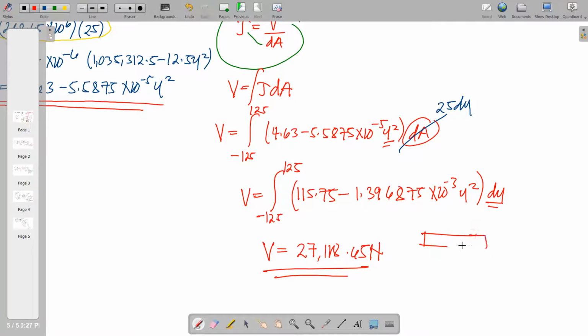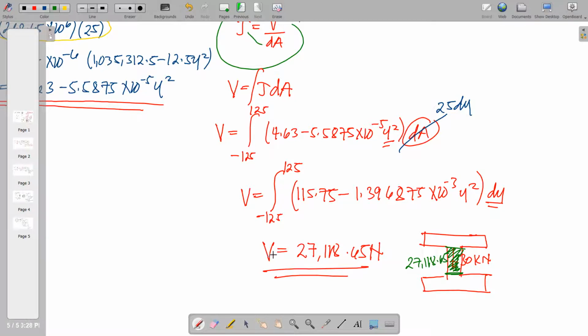So this is the share of the web, meaning if your beam cross section is subjected to 30 kilonewton shear force, so the share of the web, say this is the web, what is the share of the web on 30, or this is actually 30,000, is equal to 27,118.65.